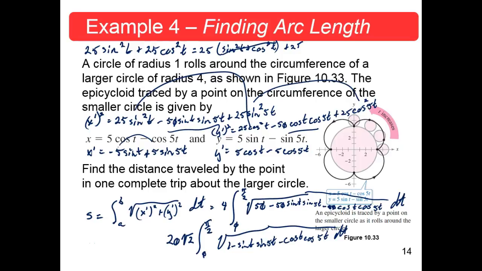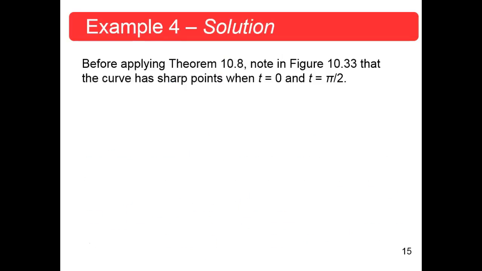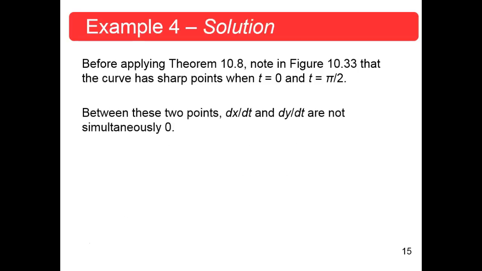So that's the first thing they point out. I just said it makes it so much easier to do. It's essential for you to do that. Okay? So that's why they say that. So you have to do 4 times. Between any 2 points, dx and dy are not simultaneously 0. Okay? They could be 0, but not at the same time.